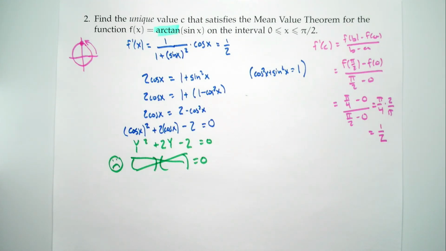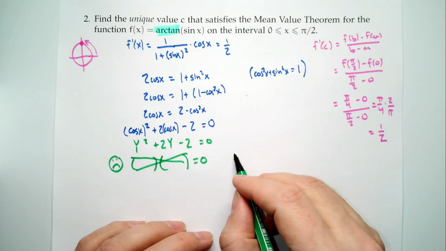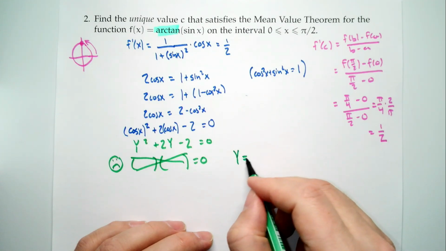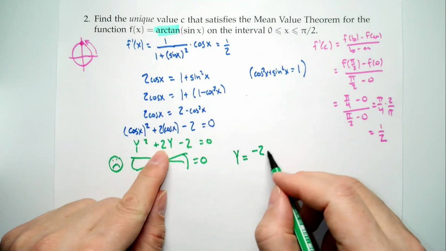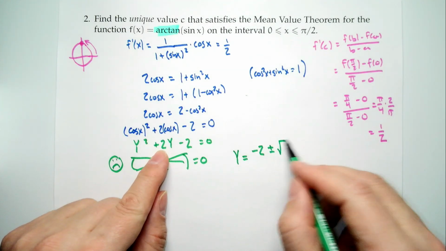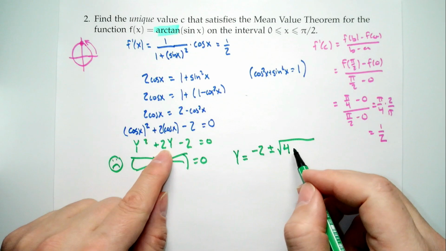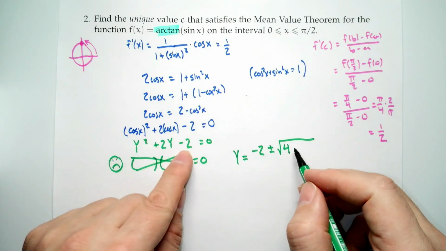Now, it turns out that if you do have a quadratic, there's a formula for that. It says that this value for y is negative b, so minus 2, plus or minus the square root of b squared minus 4ac.